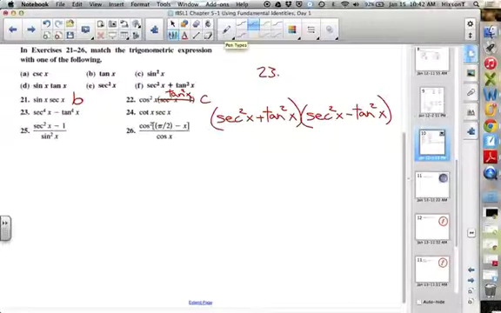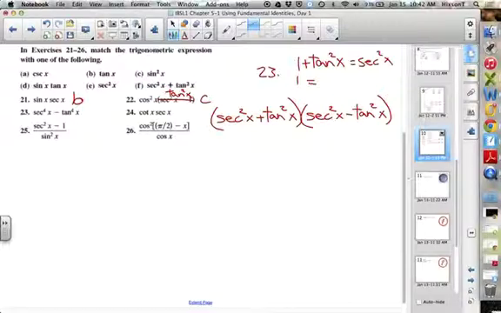Now at this point, you know that 1 plus tangent squared equals secant squared. So if I subtract the tangent squared from both sides, I'd have secant squared minus tangent squared equals 1. This is where you really have to know these identities. One of them is equal to 1, the second part is equal to 1.